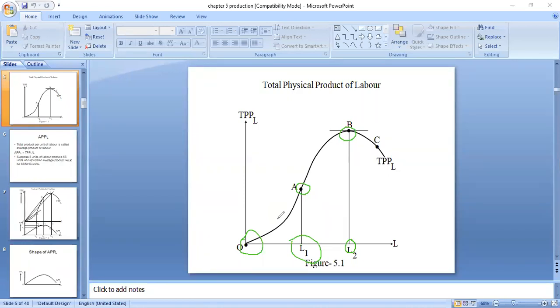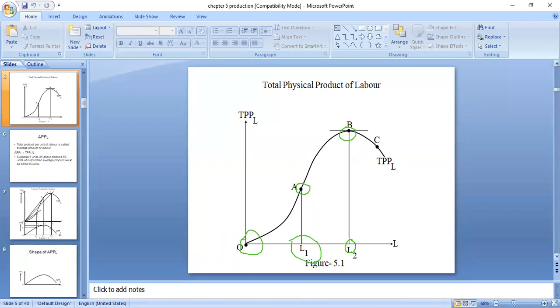So total output is increasing but at a decreasing rate. This implies that up to a certain labor you will get the increasing rate. After a certain labor, the rate is gradually decreasing. So up to point B, total product is increasing, but from point A to B, the rate is decreasing. I think you understand this one. If you do not understand, then let me know.